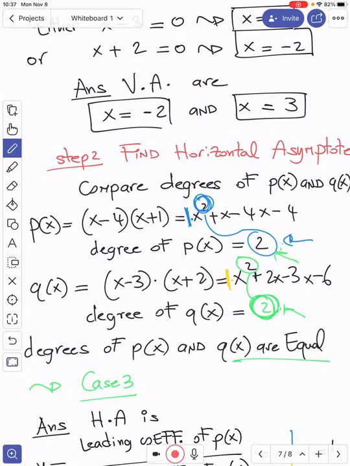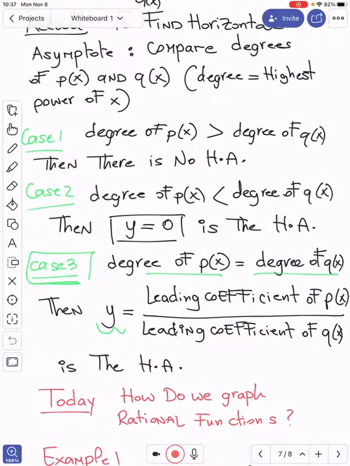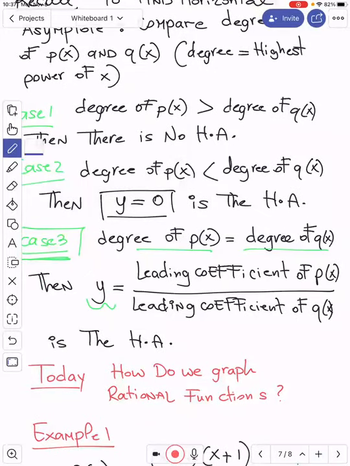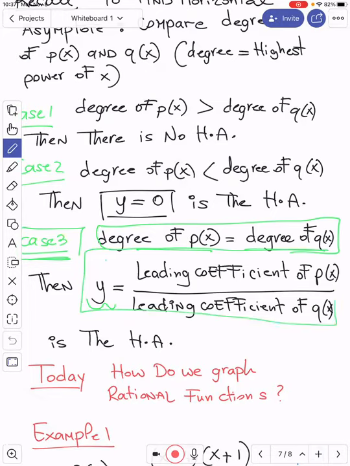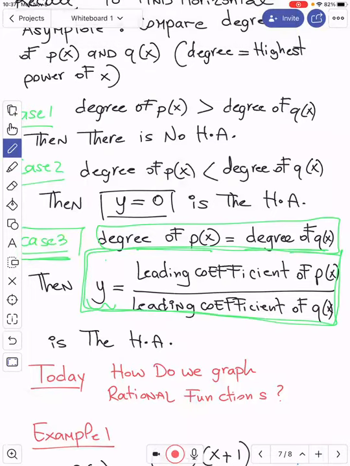So if they have the same degree, remember we have 3 cases when you compare the degrees of P and Q. In case number 3, the degree of P is equal to the degree of Q, and in this case the horizontal asymptote is given by this. For example, if the degree of P is less, then that will be the second case, and y equal to 0 would be the answer.